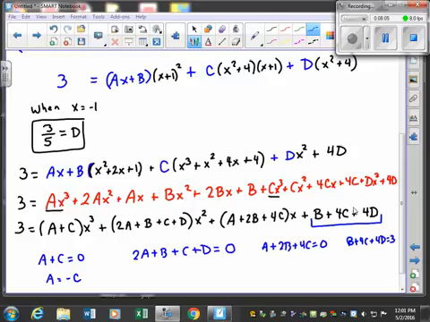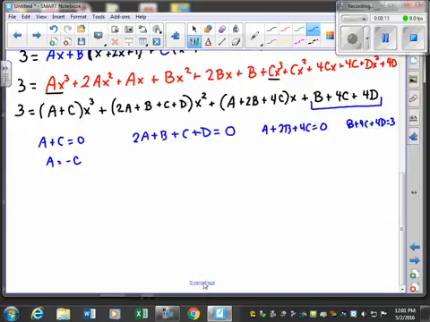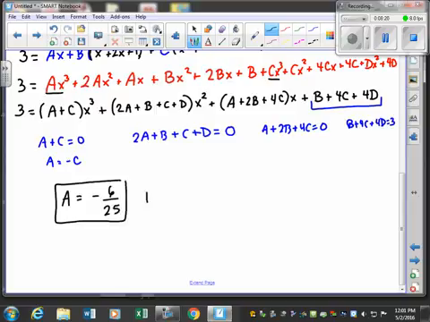And what you should finish with, let me see, we should get as our terms to check this, your A term should be negative 6/25. B is negative 9/25. C is positive 6/25.